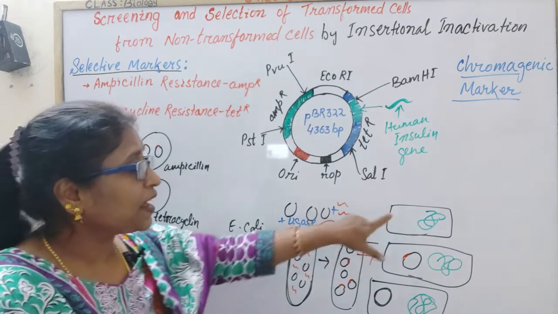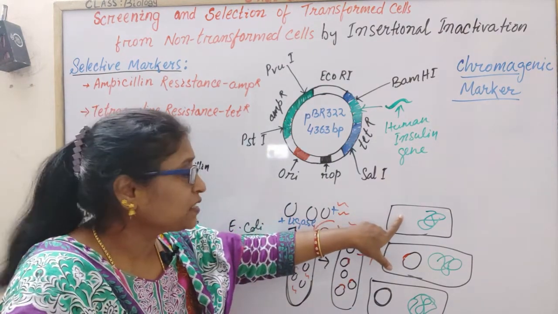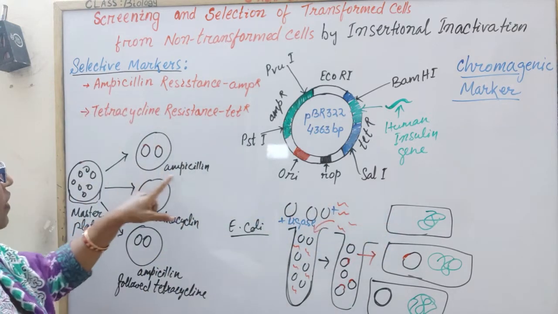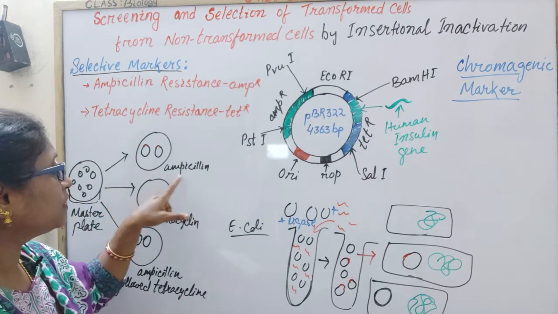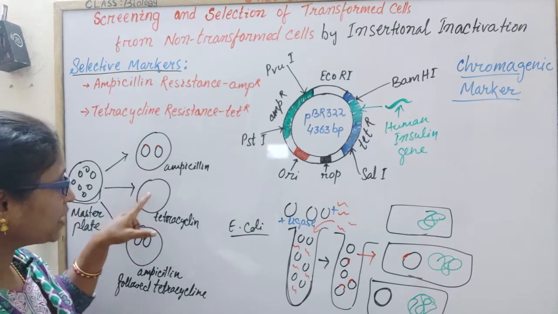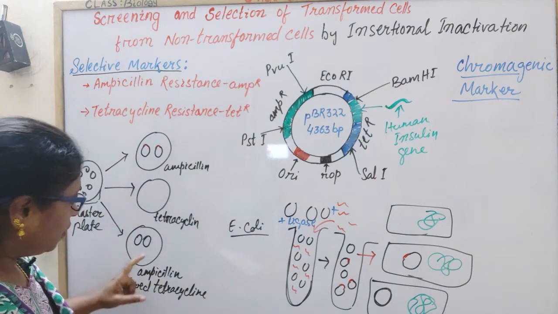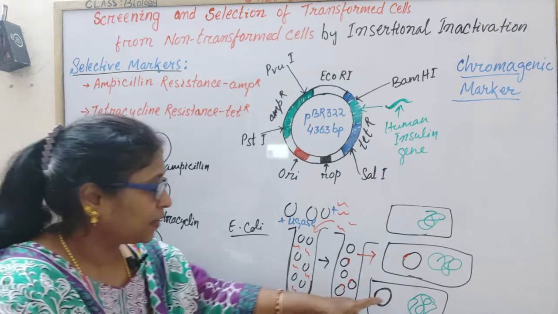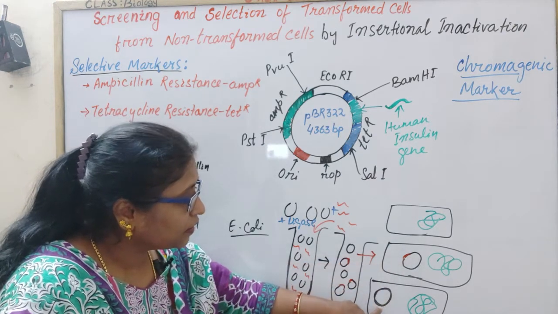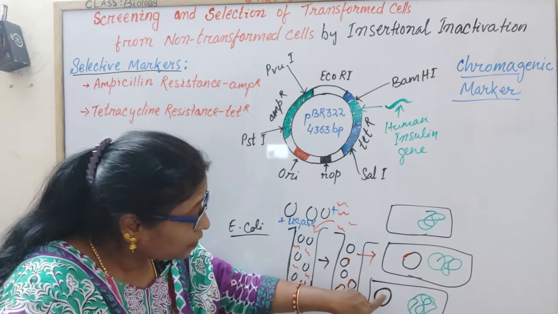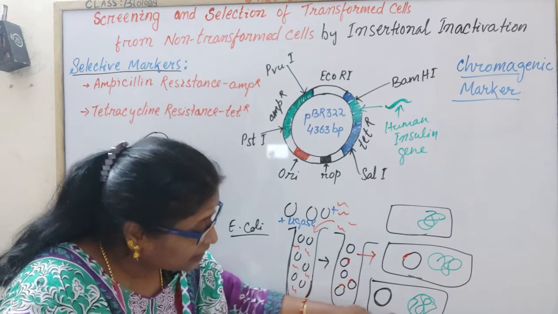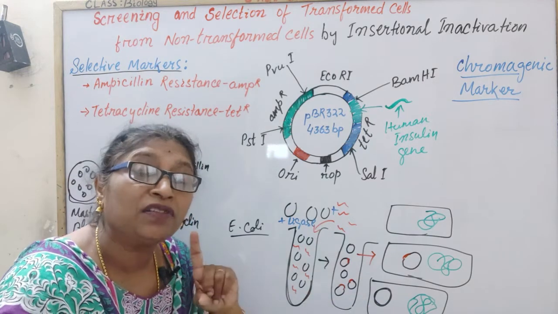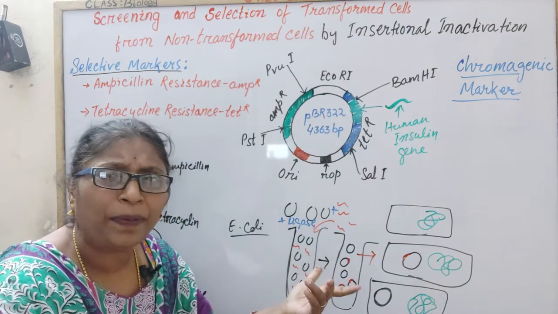You see this type, they are not having any resistance gene, they all will die in the ampicillin treated medium and the tetracycline treated medium. They will be discarded. But this E. coli cell is transformed with the non-recombinant, the normal plasmid.